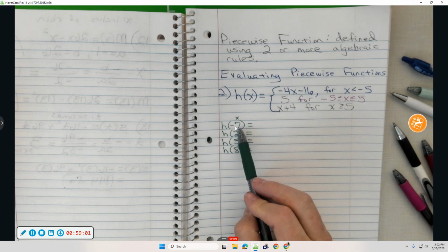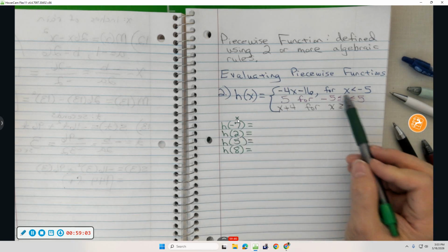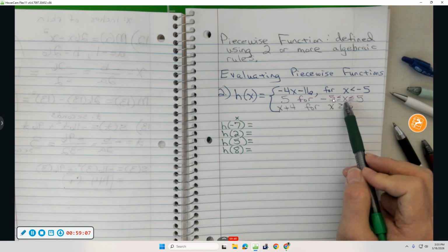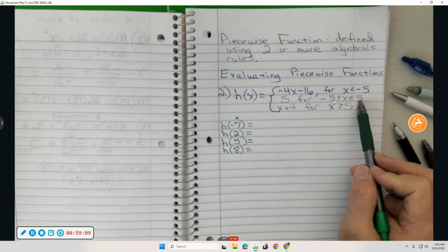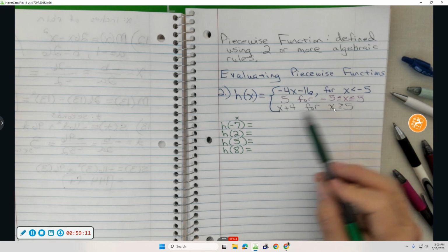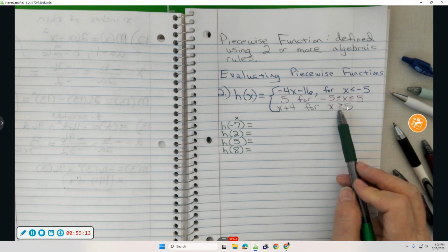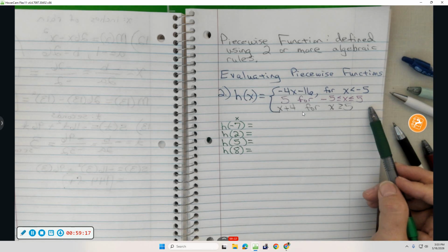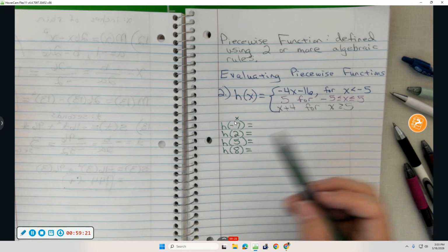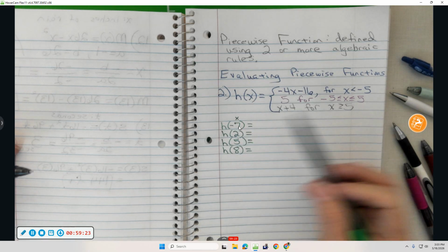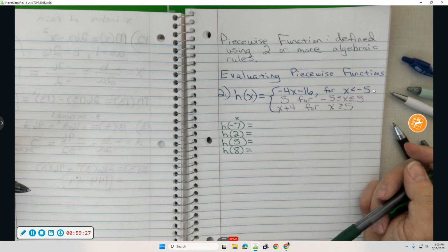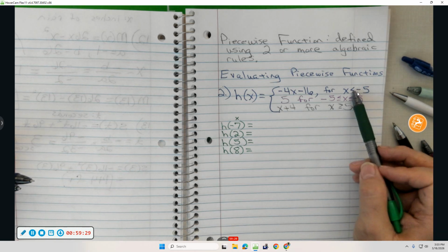h of negative 7. Is negative 7 less than negative 5? Or is negative 7 between negative 5 and positive 5? Or is negative 7 bigger than positive 5? You have to decide which piece you're using, and you can only use one. Which inequality is satisfied by negative 7? The first, second, or third? The first.